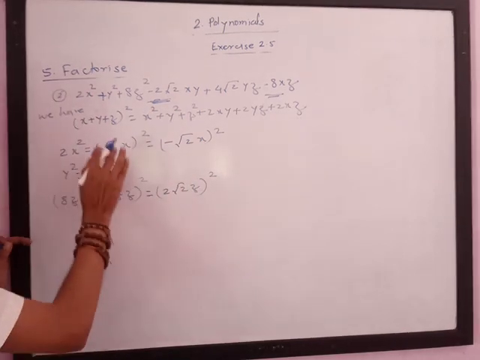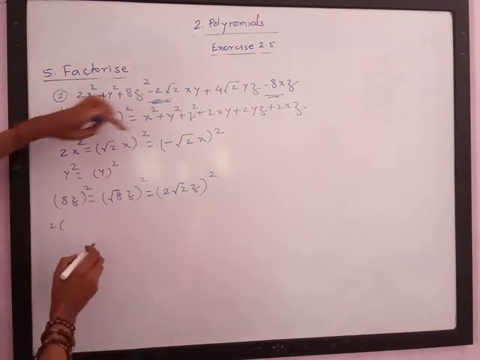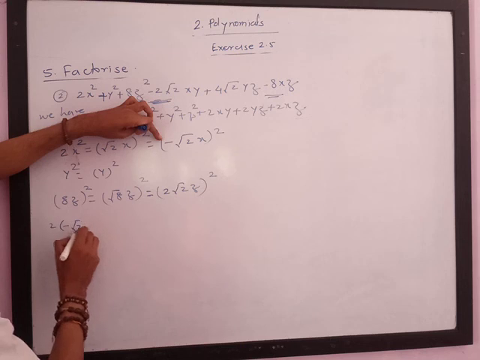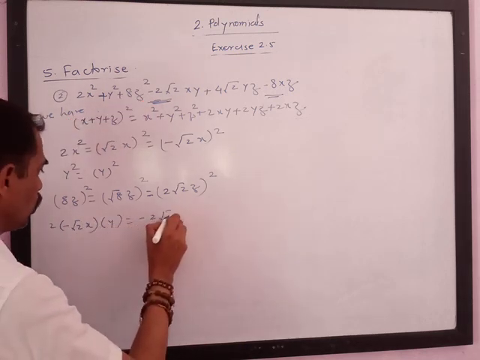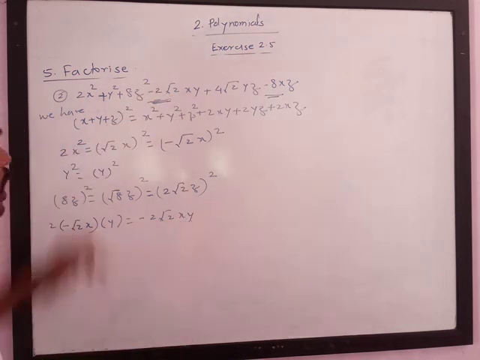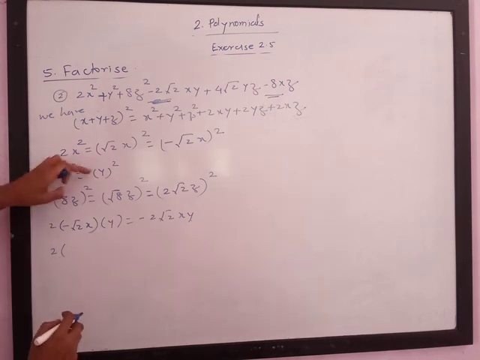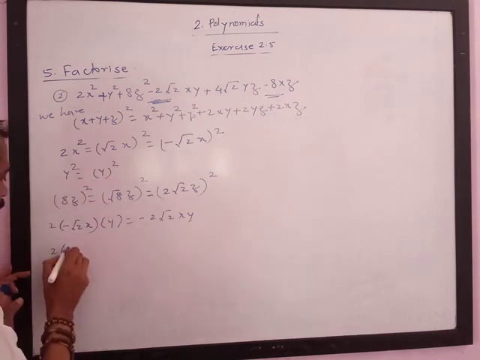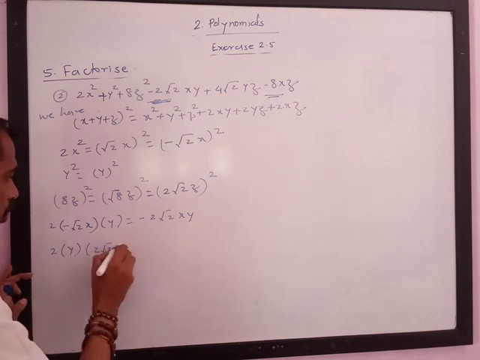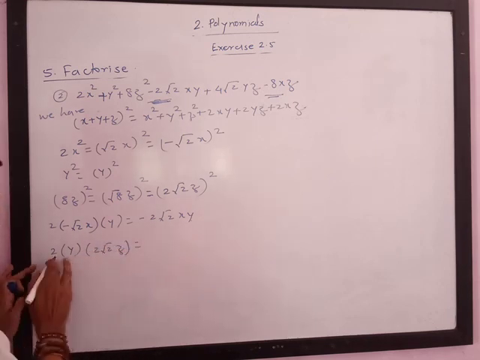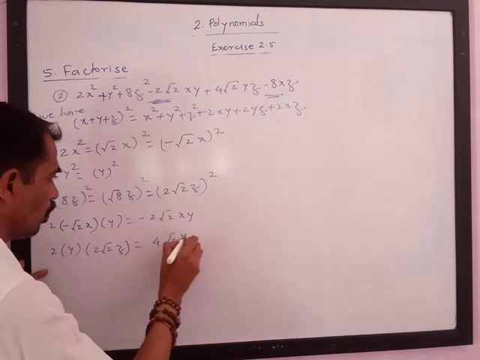Now let us check whether we are getting the next terms or not. That is 2 multiplied by first and second: minus root 2x into y, that is equal to negative 2 root 2xy. So we have got the next term. Let us check 2 multiplied by second and third: if you multiply 2 into y into 2 root 2z, we will get 4 root 2yz.